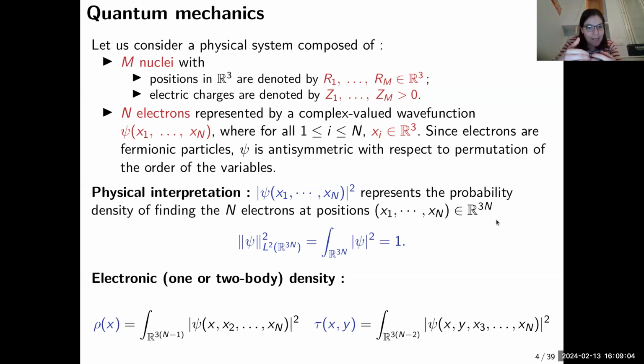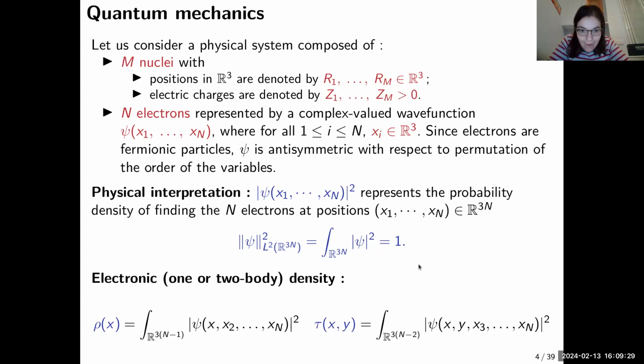Because at the scale of quantum mechanics, you cannot say that the electrons will be located at deterministic positions in space, you can only have access to some probabilistic information on the set of electrons, and this is encoded in the squared modulus of the wave function psi.